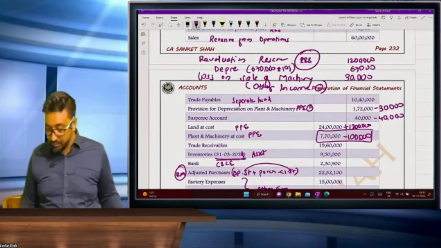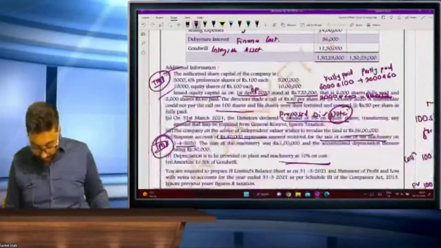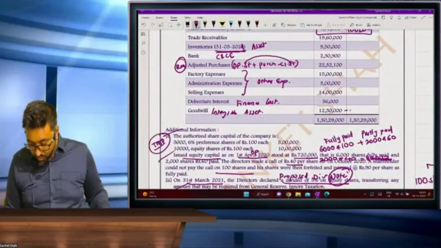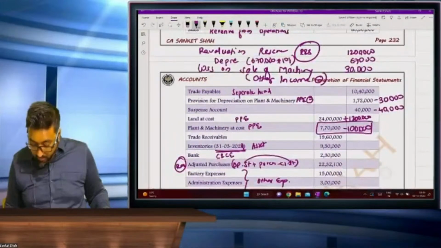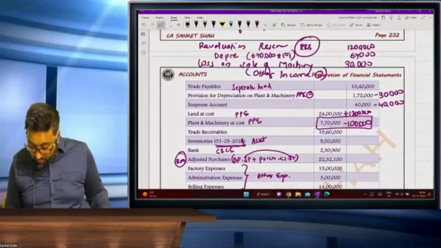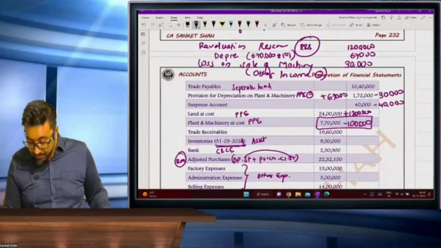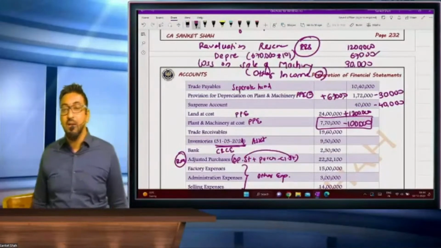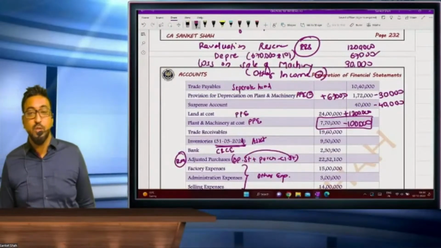Okay. And amortization. Amortization means depreciation. So from here I will add 67,000 in accumulated depreciation. Beta, second effect: depreciation to accumulated depreciation. So depreciation in P&L to accumulated depreciation means provision for depreciation.